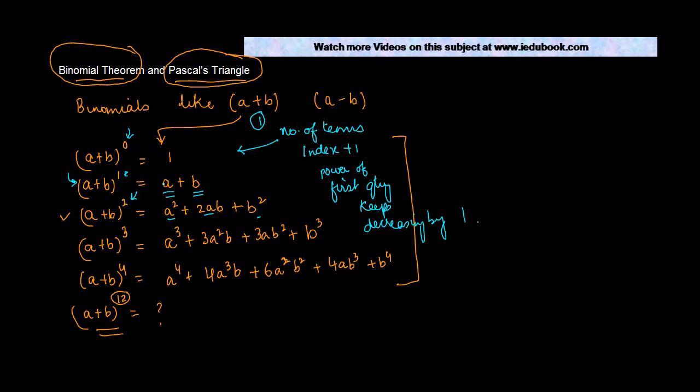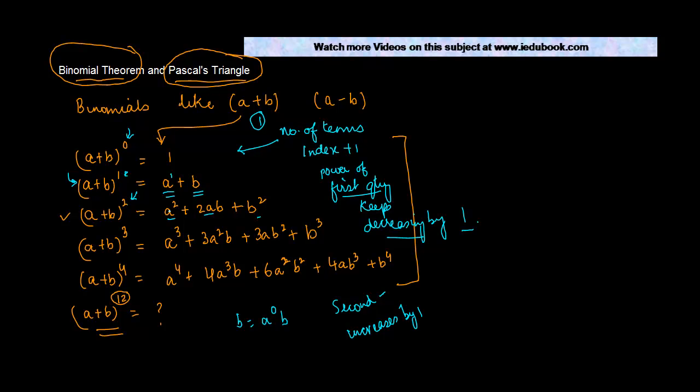So basically, if you notice here, you have a to the power 1 plus b. Now b can also be written as a to the power 0 into b. So the first quantity's power keeps on decreasing by 1, and the second increases by 1.